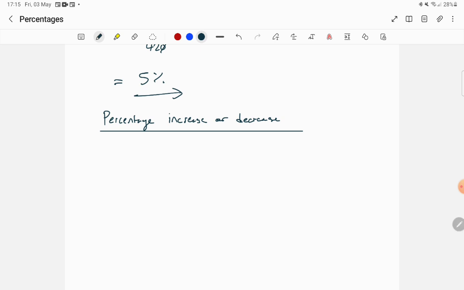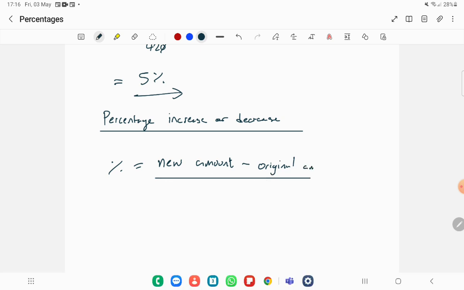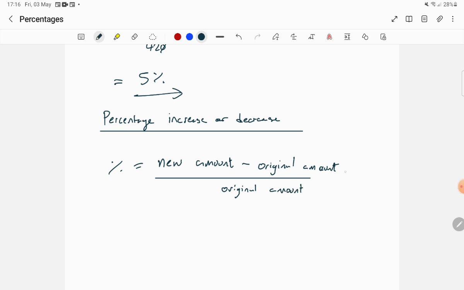Based on this, the formula is the new amount minus the original amount, divided by the original amount, times 100, and that would be a percent.